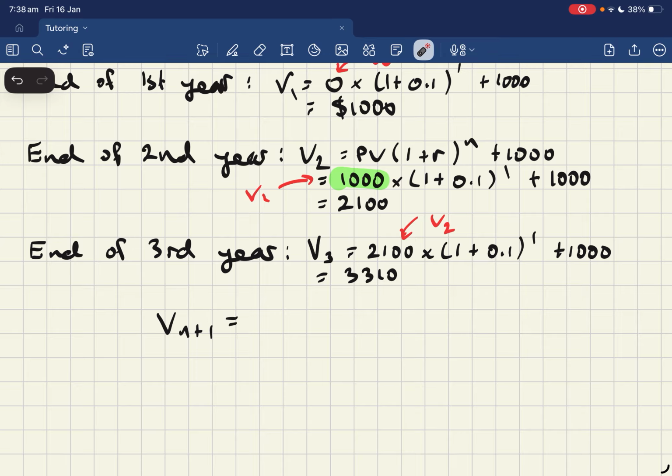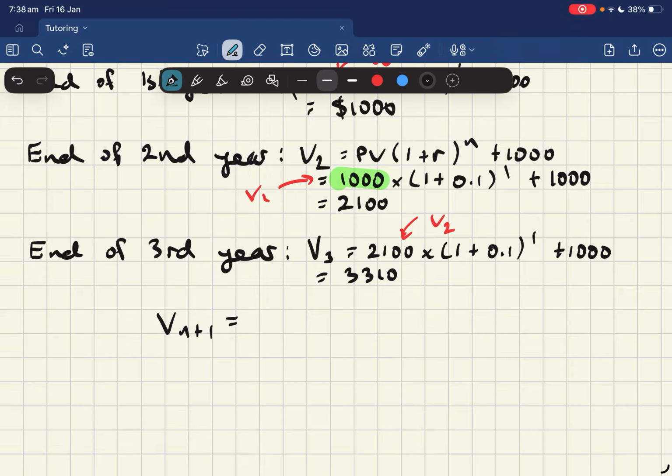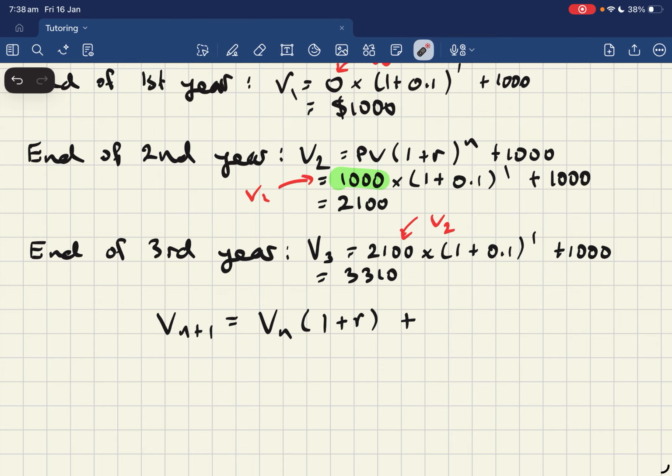V of n is the value from the previous year. That's this guy over here. So to find the value at the end of the next year, the number of years 2 plus 1 gives you your 3. So that's why I'm writing V n plus 1 equals your value from the previous year multiplied by 1 plus the rate. Now, I can write to the power of 1, but anything to the power of 1 just gives us that amount back. And then we add our amount that we have added onto it. We're doing that every single time.